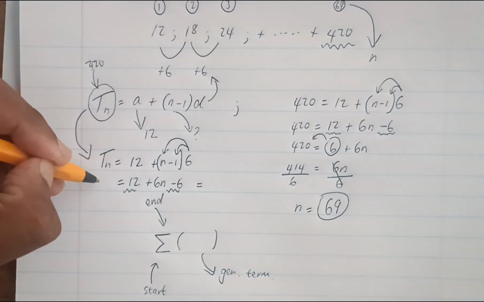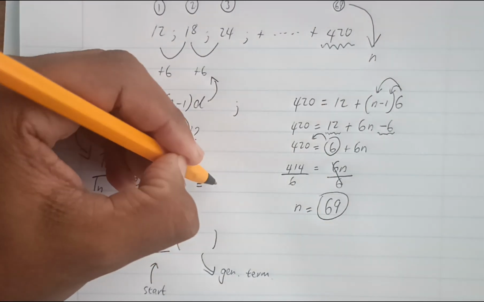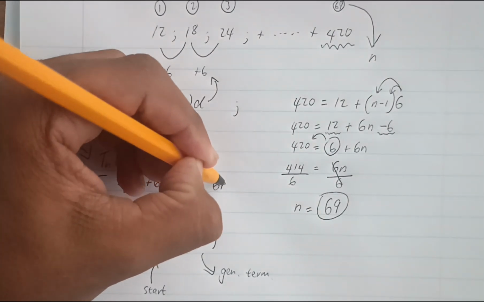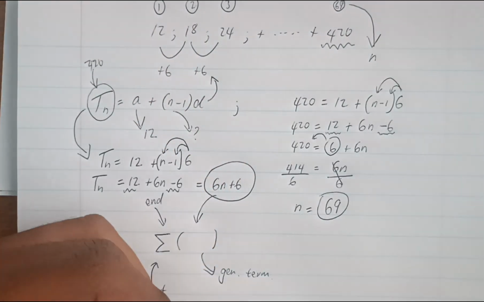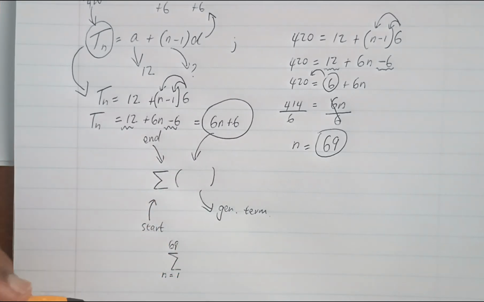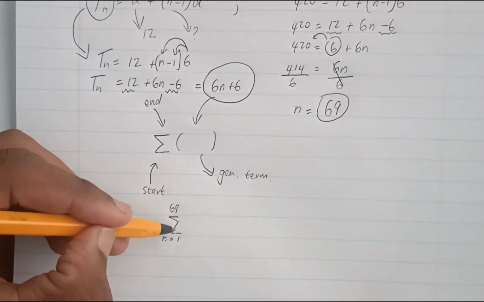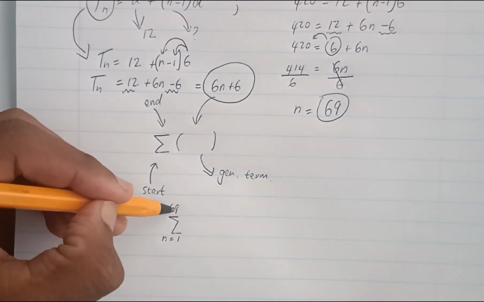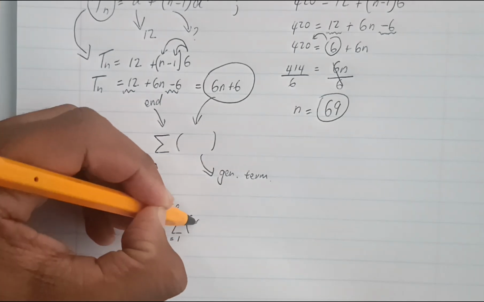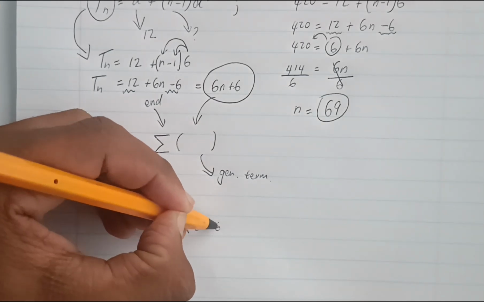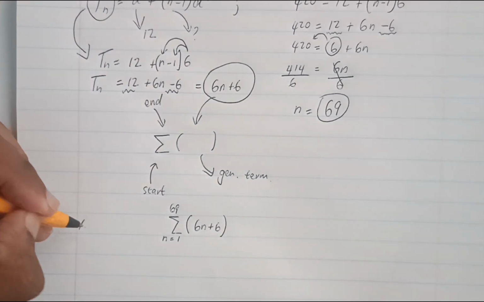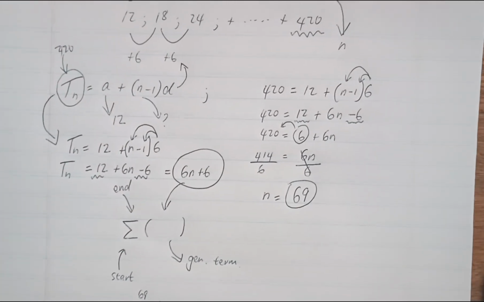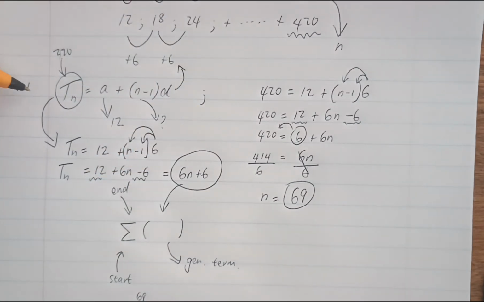So this is going to end up being Tn is equal to 6n plus 6. So this is my general term, and that needs to go in there. So then our answer would be the sum, starting at 1 going up until 69, of 6n plus 6. All right, great. That was 1.1.2, and this one over here was 1.1.1.